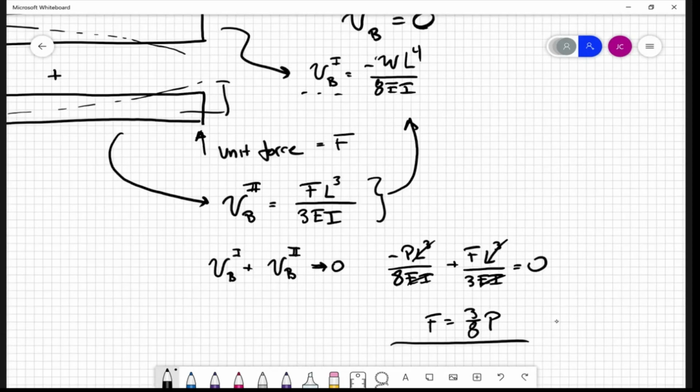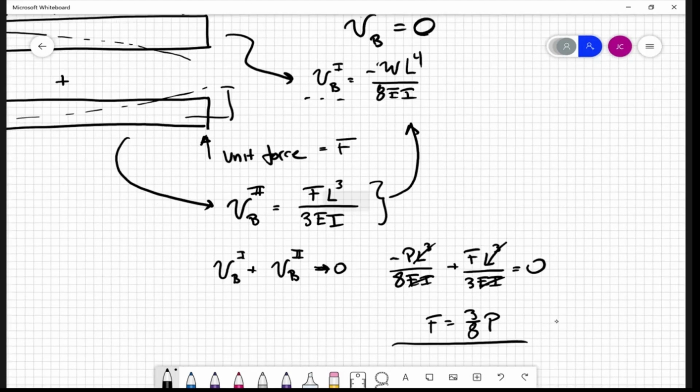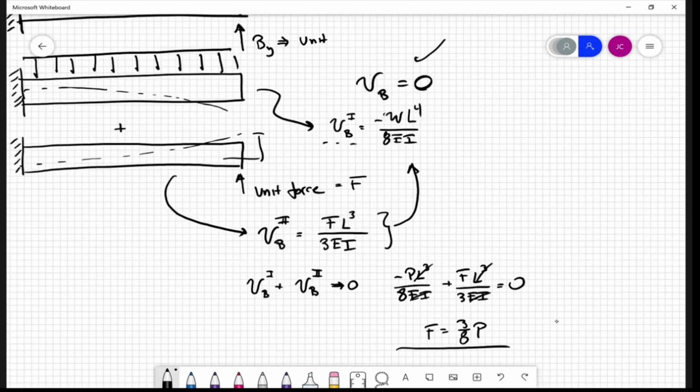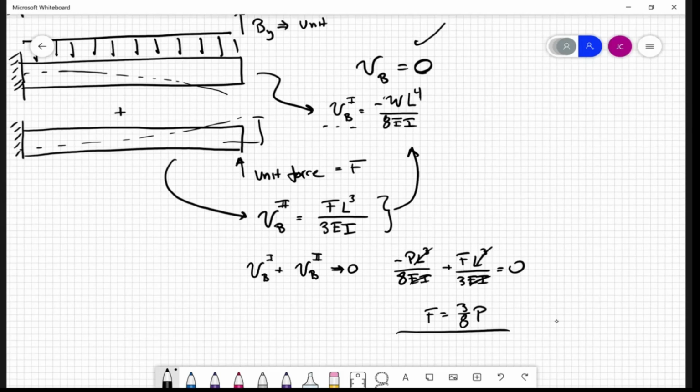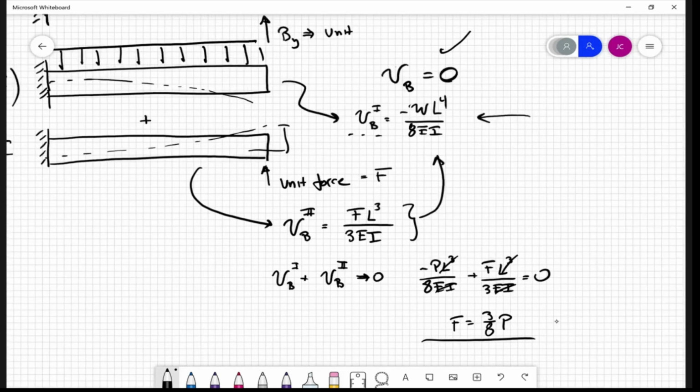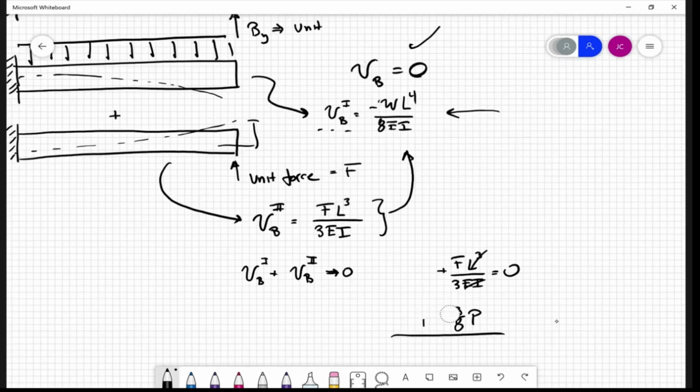All right. Same concept, but I wrote down the wrong equation. Obviously, this is a distributed load force. So for the first case, that's the deflection at point B due to the distributed load. So that means that actually this here needs to be the following: minus WL to the 4th over 8EI.